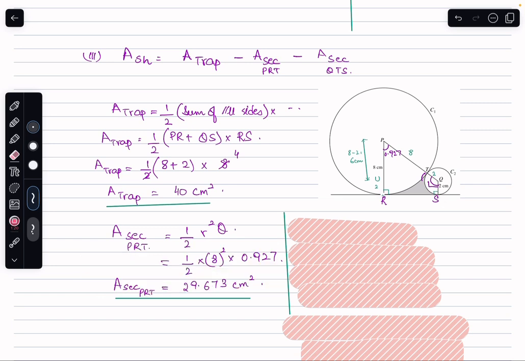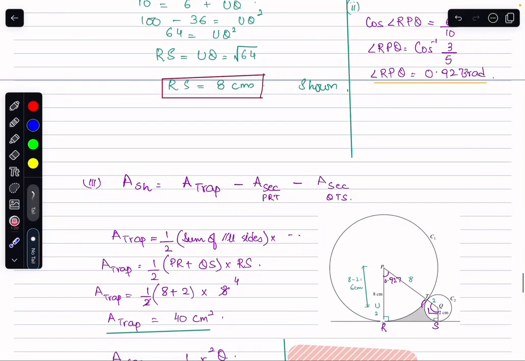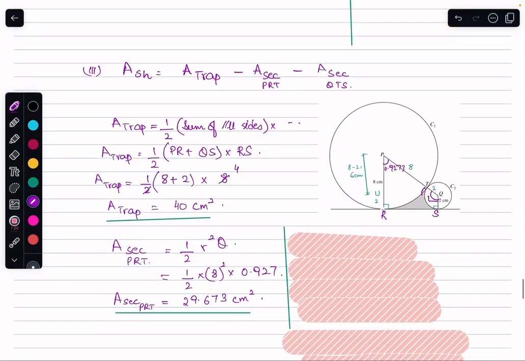Let's find the area of the sector PRT. Area of a sector is given as half r squared theta. The radius here is 8 and theta we found out in the previous part, which was 0.9273.